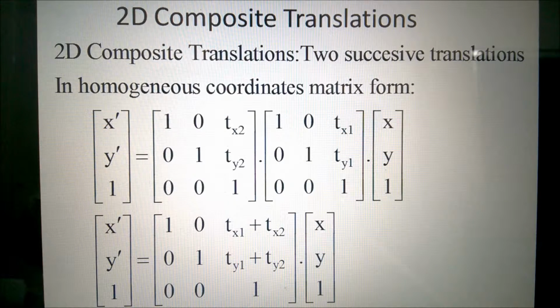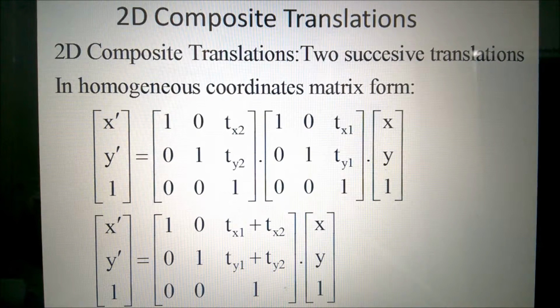Now we'll discuss two-dimensional composite translation, that means multiple translation. From the original point it has moved to another point, and from that point it moved to another point. In that way we have considered only two cases. First, from the original position it moved to another coordinate, and then from that point it moves to another point.